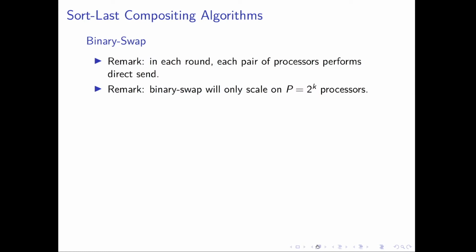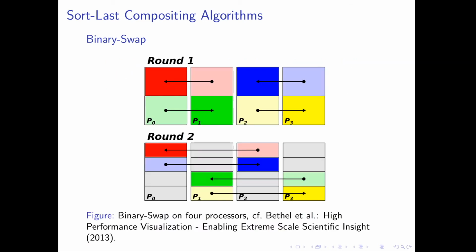Two remarks are in order here. The first remark is that in each round we have pairs of processors performing a direct send. Going back to the slide, this is kind of obvious: in the communication group formed by P0 and P1, we have the two processors performing a direct send over half of the image, and the same is true here.